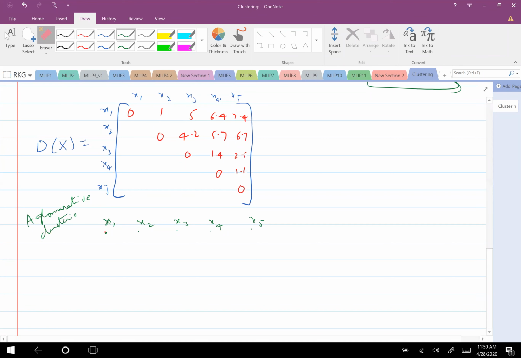Agglomerative means you are trying to group gradually. Now which 2 should be grouped first? Say these are the samples and these are the distances of the samples. Which 2 should be grouped first?